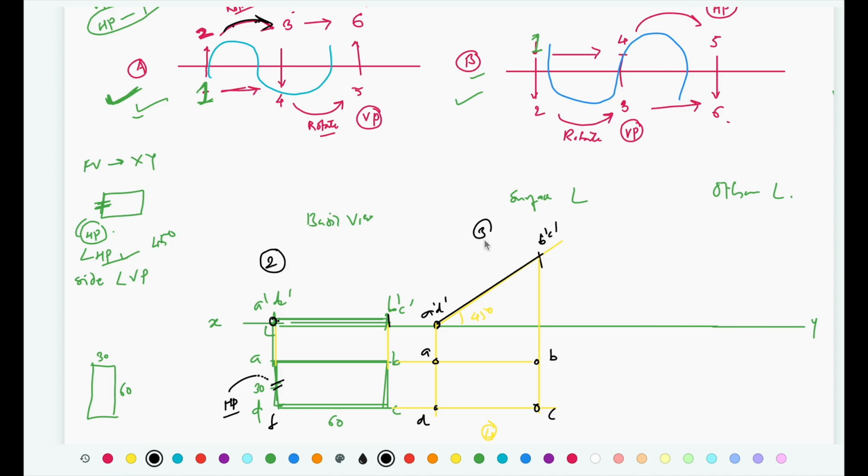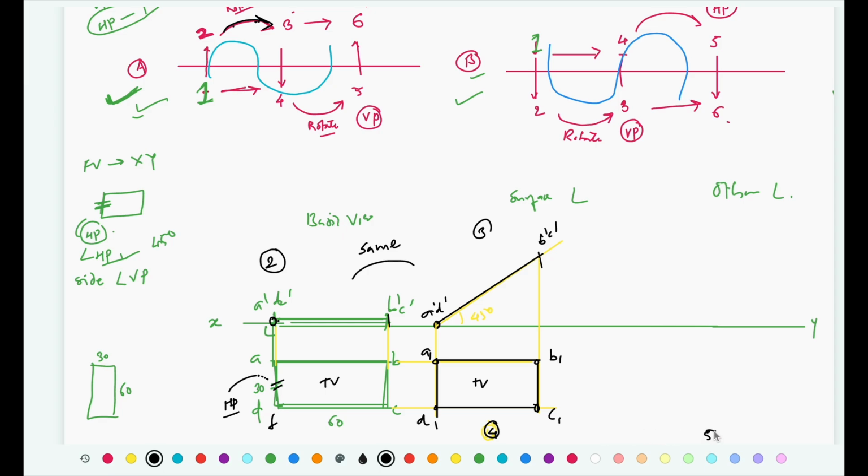Step number 3 is also a front view, but the dimensions of those two are the same, so the nomenclature is the same, A dash, D dash, A dash, D dash. But this is a top view, this is also a top view, but if you compare them, the dimensions of those two are going to be different, so the same nomenclature cannot be there. So the nomenclature for the second top view will become A1, B1, C1, D1. So now this is our second top view. This is step number 4.